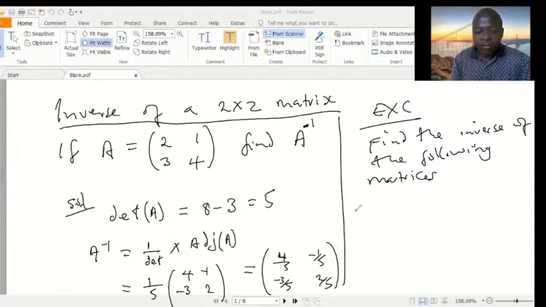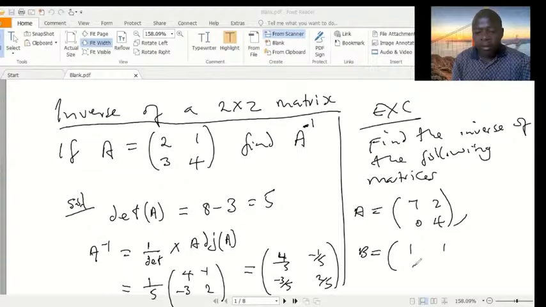I want you to find the inverse of matrix A, which is 7, 2, 0, 4. Matrix B, which is 1, 1, 0, 7. And matrix C, which is 14, 2, 7, 1. Find the inverse if it exists.